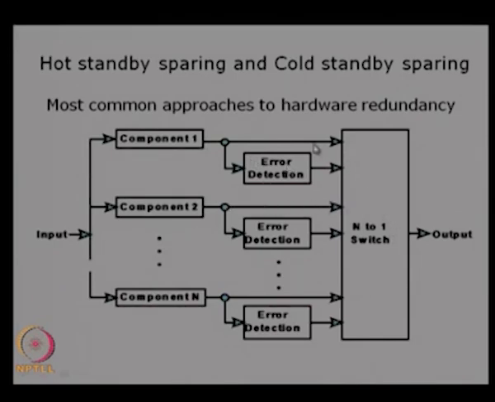There is no time delay, because all the outputs are available at any time, and whenever an error is detected in one of them, the switch immediately changes to the next component, whose output is automatically chosen and given as output. So there is no time delay, and you will always get an output from the system. That is known as hot standby.